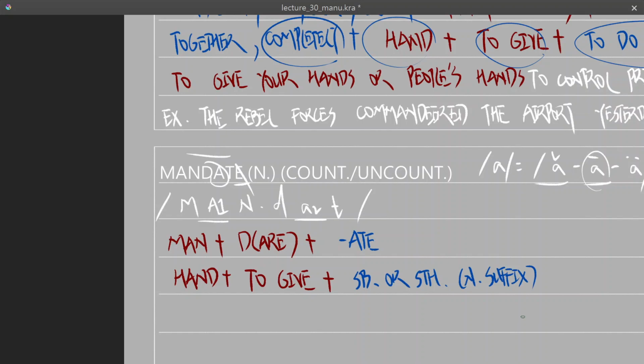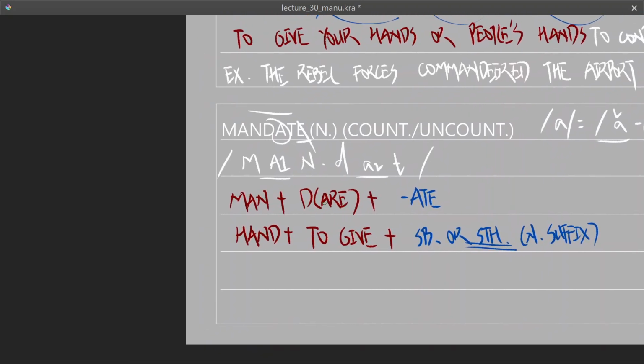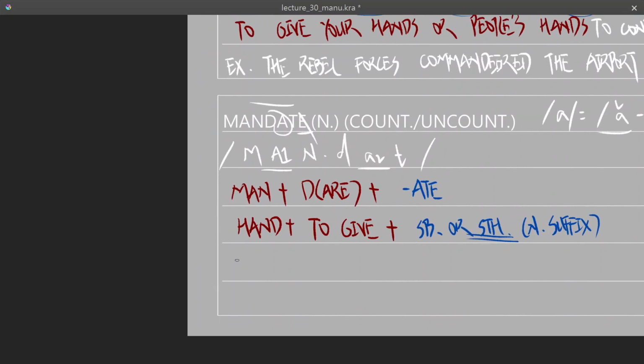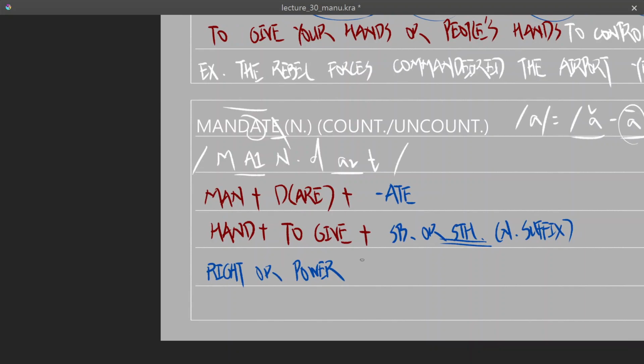Alright, mandate. So mandate literally means what? It means something, and something in this case means power or right, given to somebody's hand.